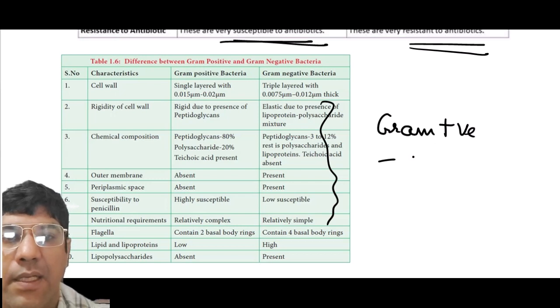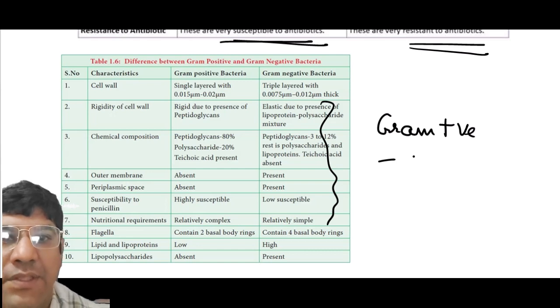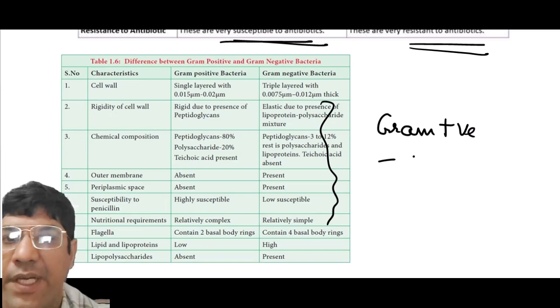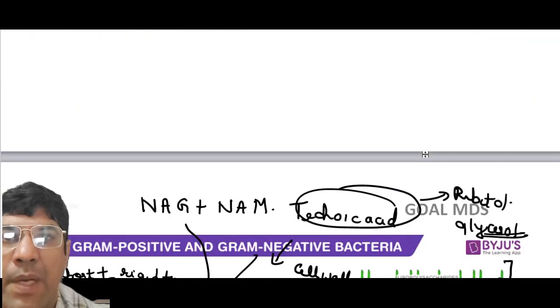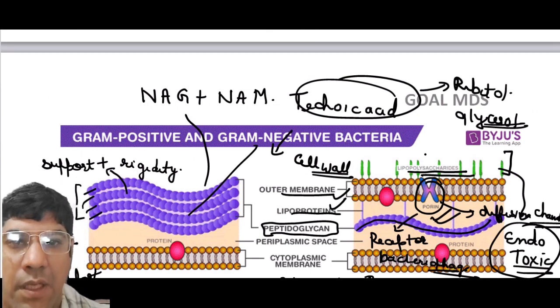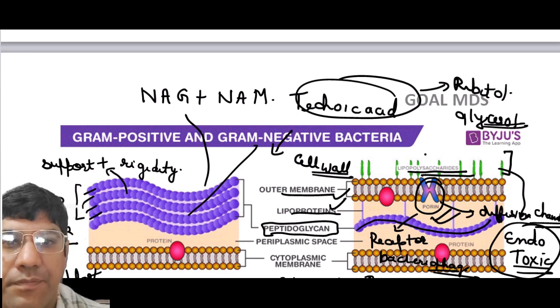Apart from that, there is the cytoplasmic membrane. It is the membrane that lines the inner surface of the cell wall and separates it from the cytoplasm. So the cytoplasmic membrane acts as a semi-permeable membrane that allows flow of metabolites, and passage of molecules like nutrients and waste products between the cell interior and external environment.